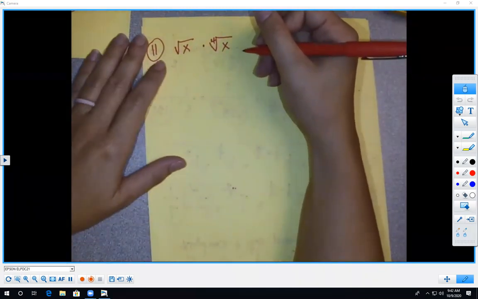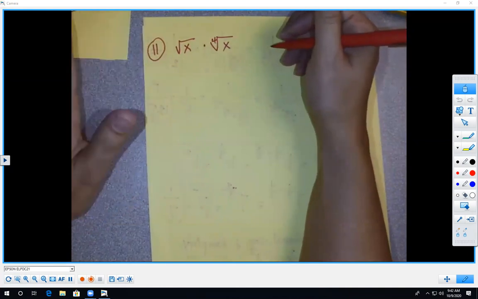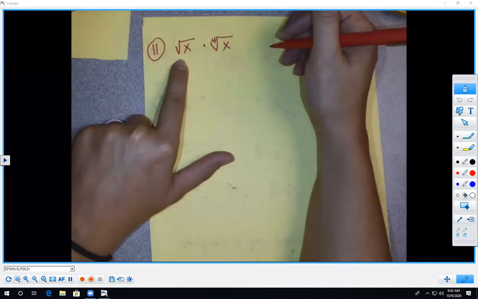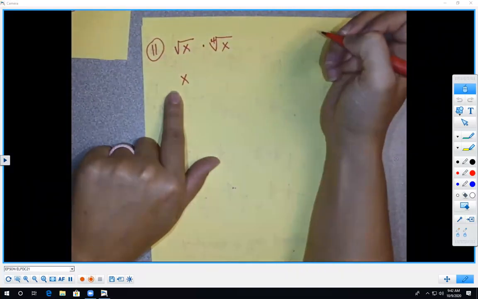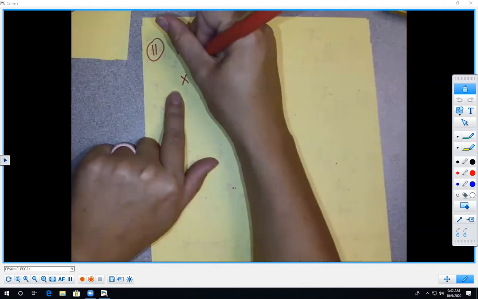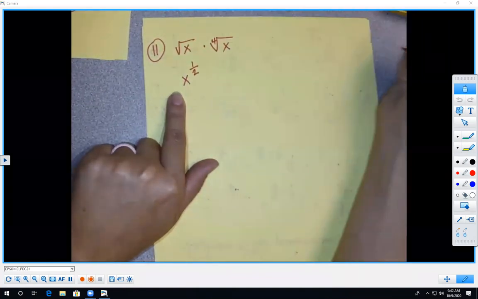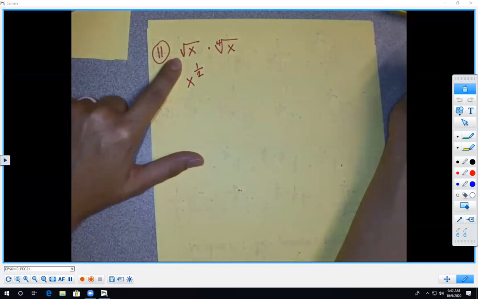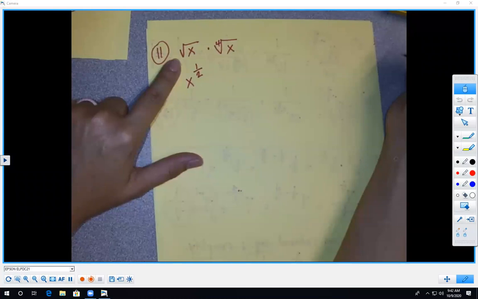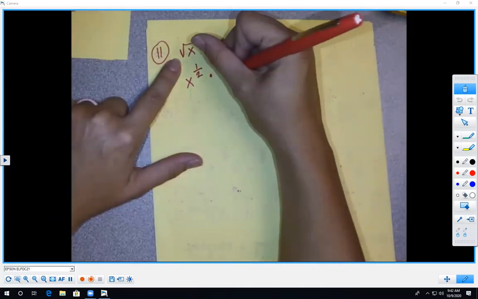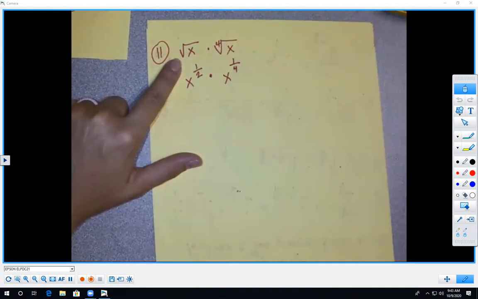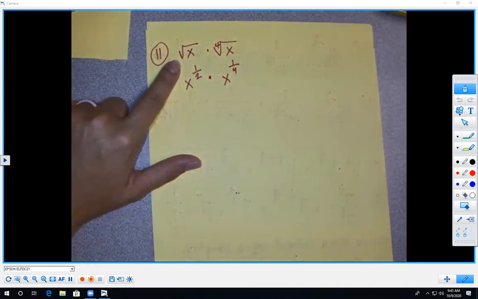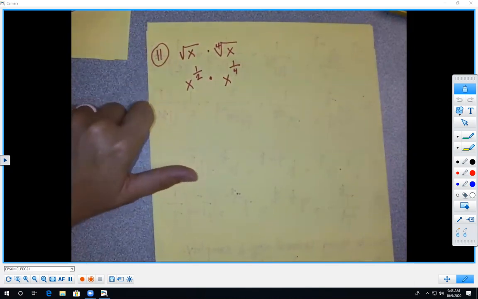So we need to rewrite using the rational exponents, because then I can do something with them. How would I rewrite this square root of x with rational exponents? X to what power? The 1 over 2, because this is the square root of x. Times the other one, x to the 1 over 4. Everybody tracking so far?